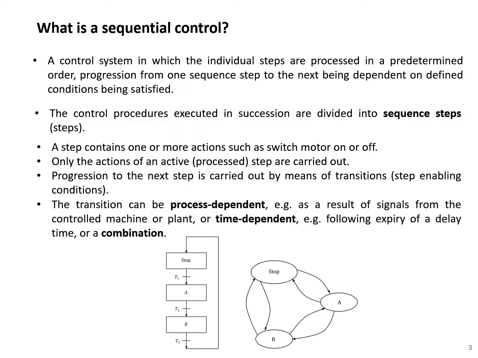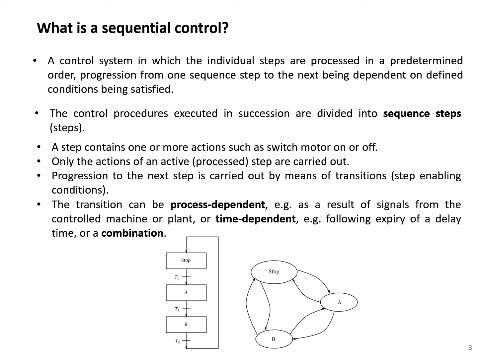What is a sequential control? A control system in which the individual steps are processed in a predetermined order, with progression from one sequence step to the next being dependent on defined conditions being satisfied.